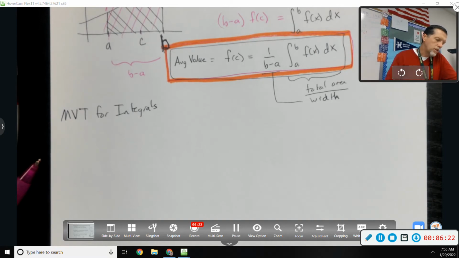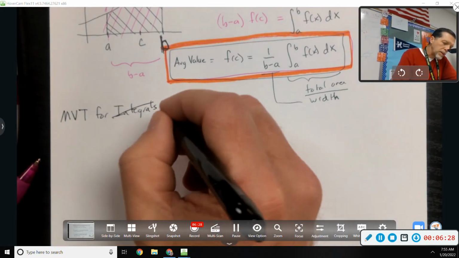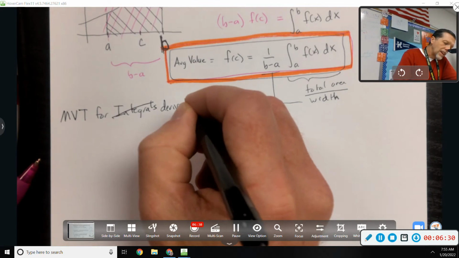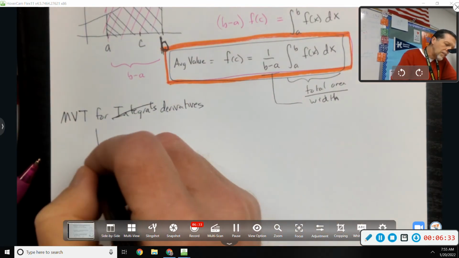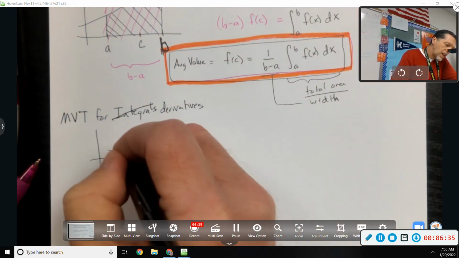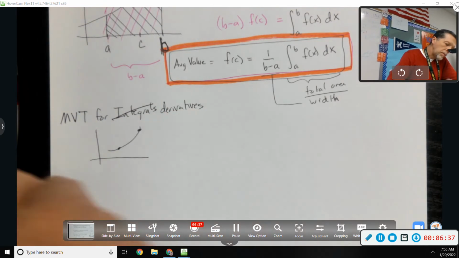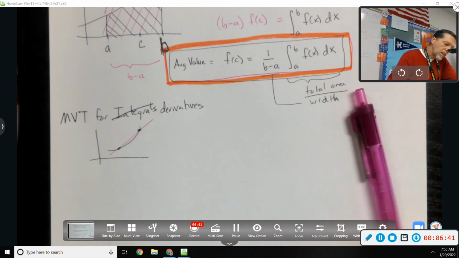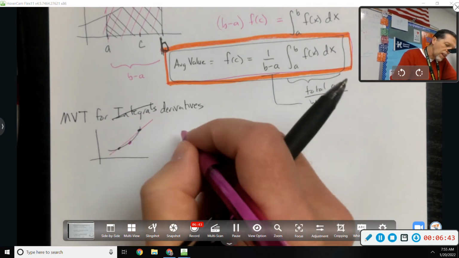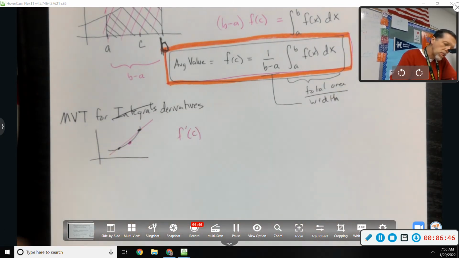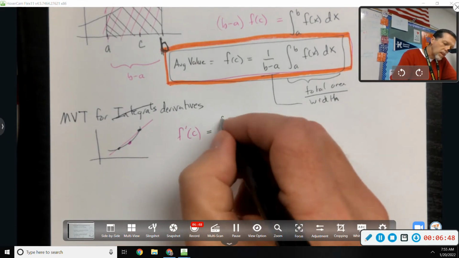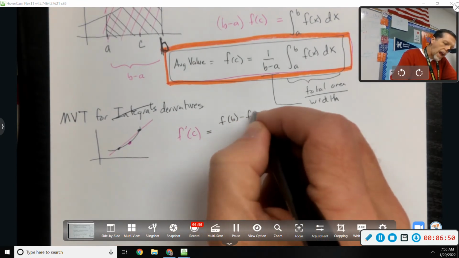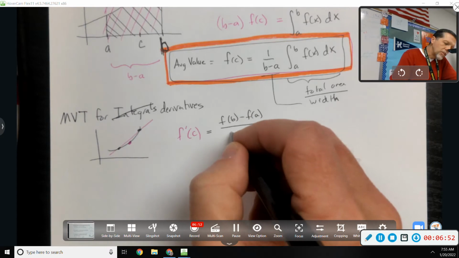MVT for, do we need to remind ourselves what MVT for derivatives is, though? Probably. MVT for derivatives, maybe you remember this picture, says that somewhere the actual derivative is equal to the average derivative.